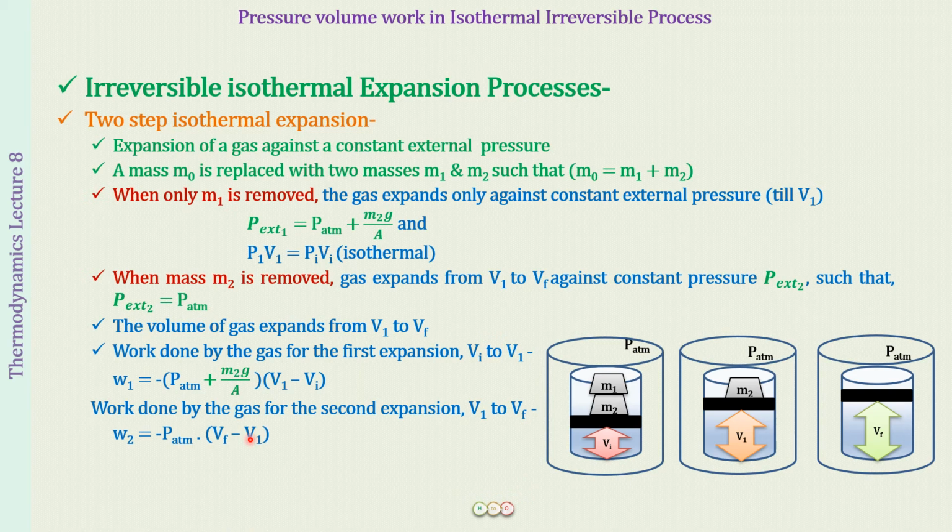So here the work done is going to be equal to P atmosphere into Vf minus V1. So the sum total of this, W1 plus W2, will be equal to the work done in the process. Now, if you look at the PV diagram for this, you will be able to understand what is going to be the change in the work done.